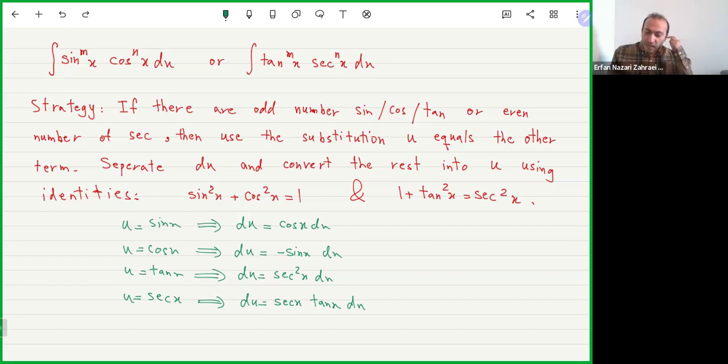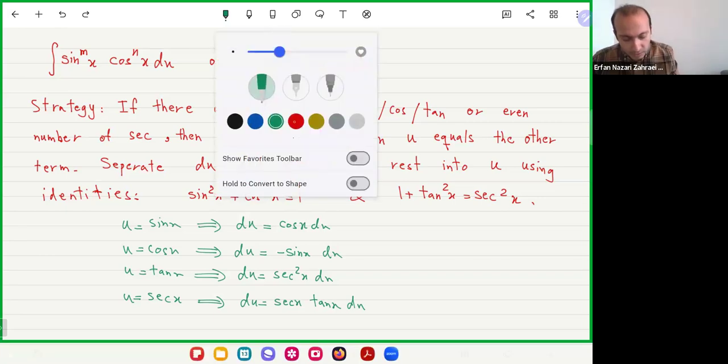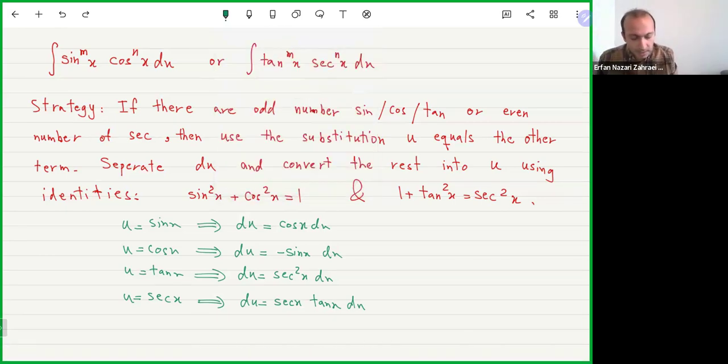Okay, now that we have discussed this, let's discuss one special case that you can't use this strategy. What happens if, for example, in this integral, if this is odd or this is odd, odd number of sine or cosine, you are good.